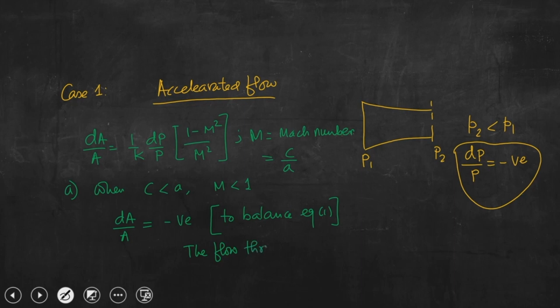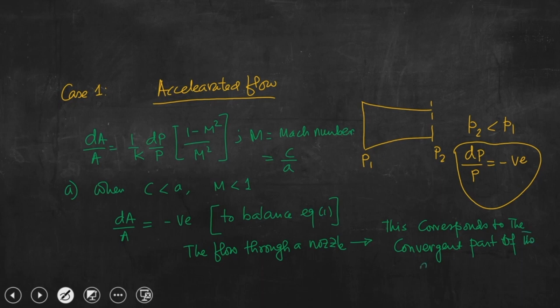So, this is the flow through a nozzle. In other words, this part corresponds to the convergent part of the nozzle, the convergent part of the channel.